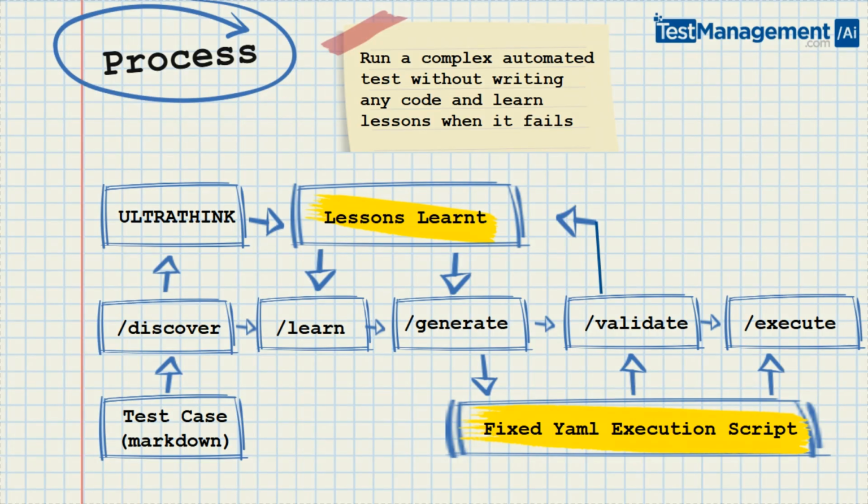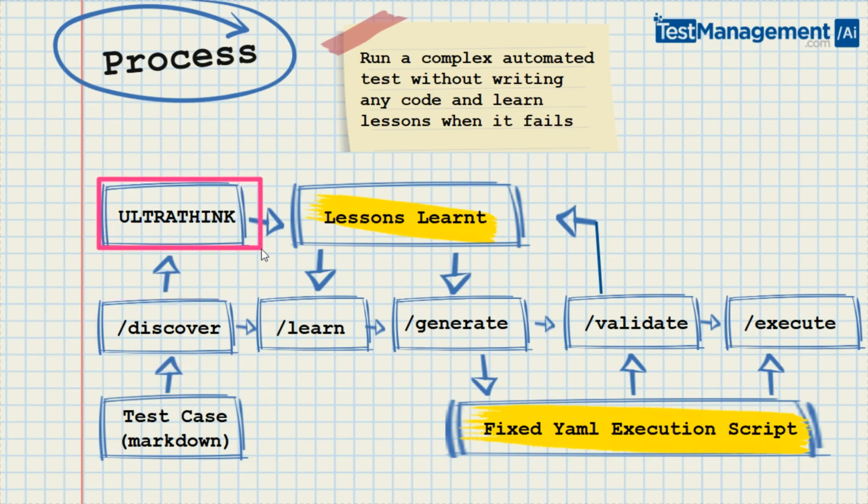So what I'm going to walk you through is this process that we've seen before, where we take our markdown test case that you've already seen. We use our discovery process to use the Chrome DevTools MCP to see if we can automate that. I'm expecting this to fail.